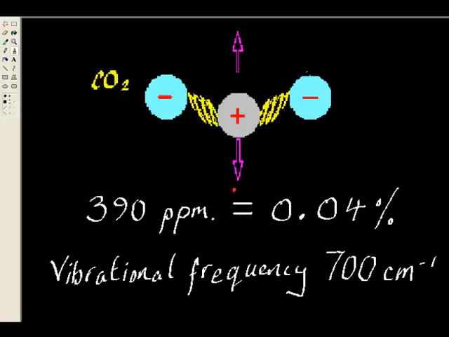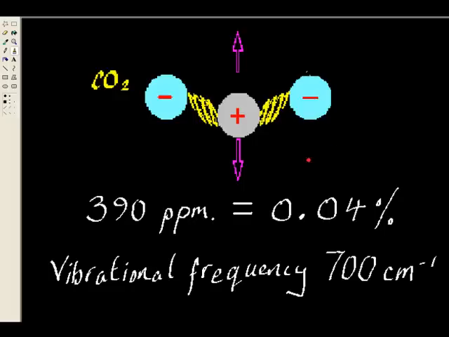And we call this a bending vibration, because you can see the CO2 molecule is actually bending. As you can remember from the video before, this creates a dipole which creates more electromagnetic radiation, also at the vibrational frequency of 700 centimeters, and then the CO2 molecule starts to emit this long-wave radiation.